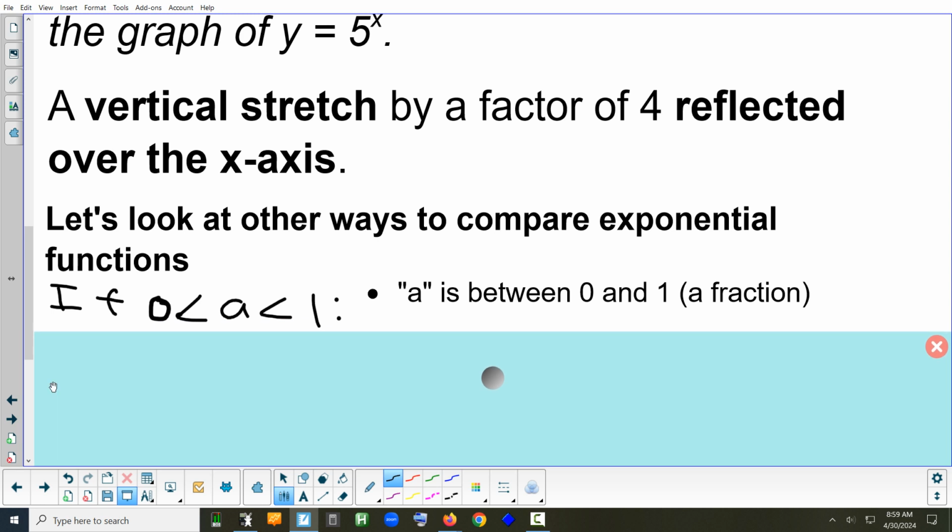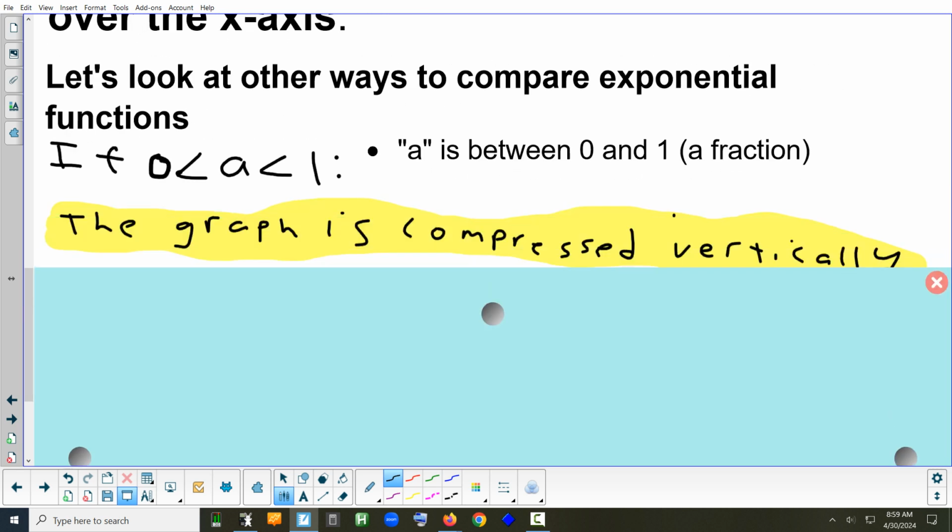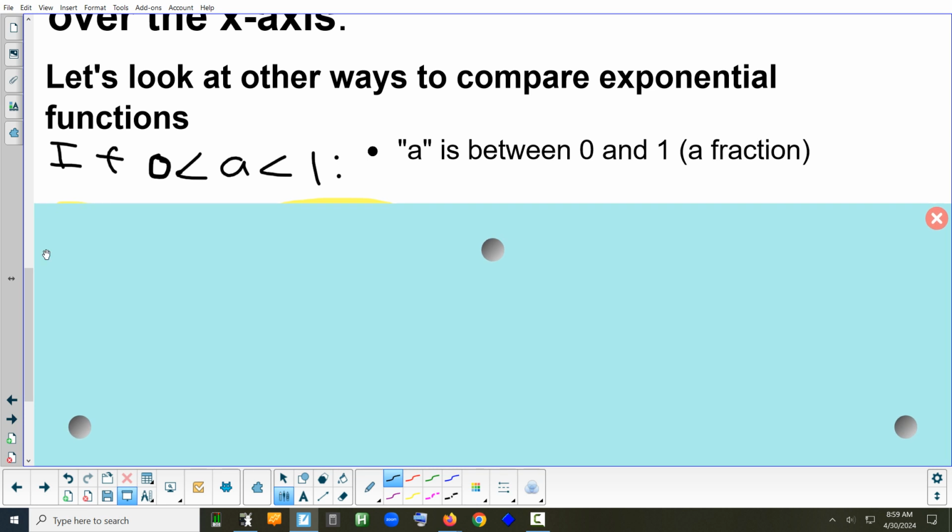Okay. So now on your guided notes, it says let's look at other ways to compare exponential functions. All right. So in that last problem I gave you, I made up those numbers, 24, 12, 6, 3. They were getting smaller each time. Right?